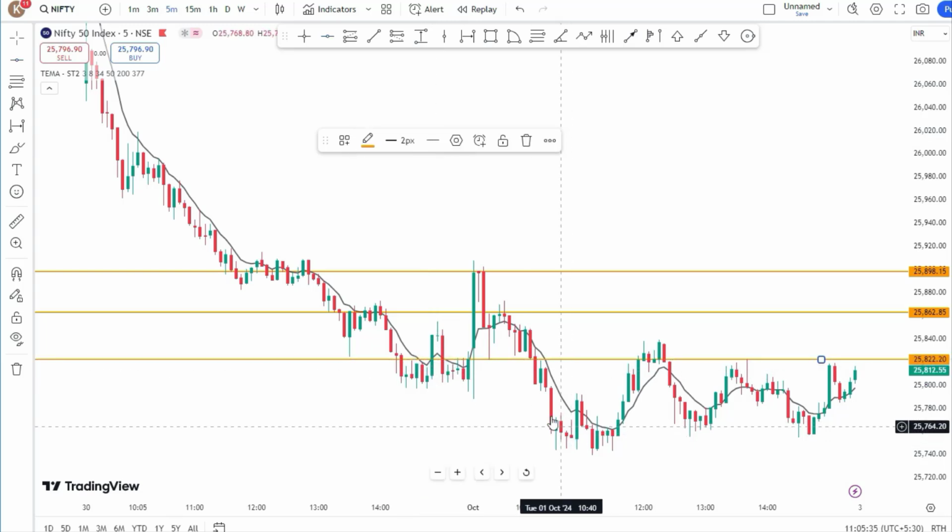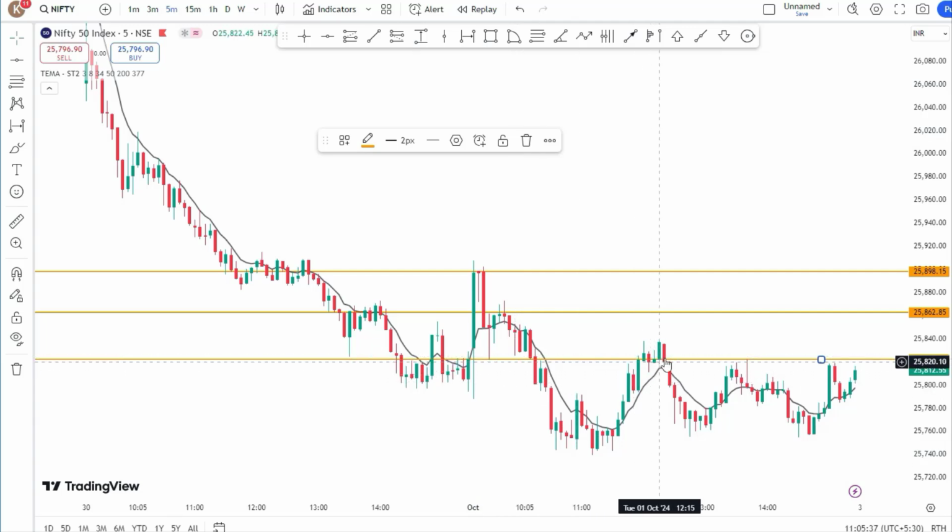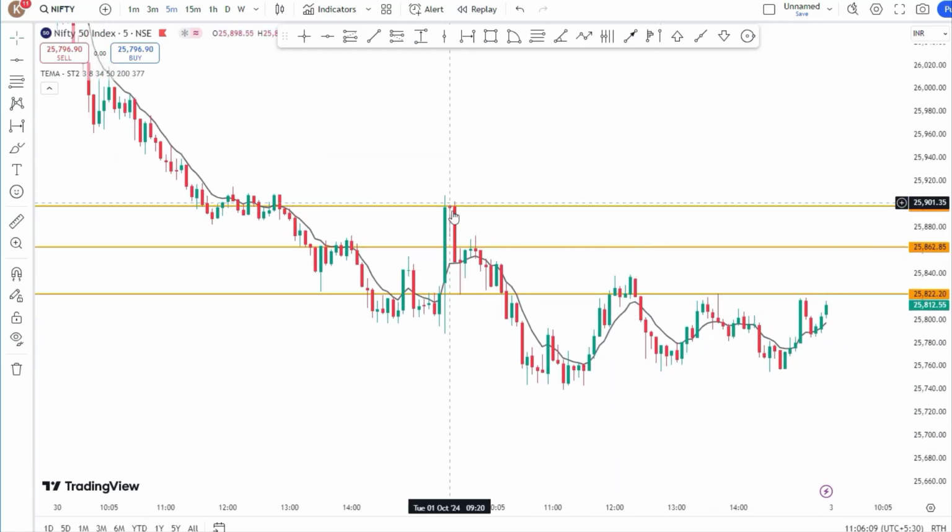In that case also we can find that there is resistance at this level, and here the price is getting resistance here and here. This is the previous day I was talking about, where we got the crossover from the previous day, and this is the next day, and we can see how the prices are behaving at these levels.